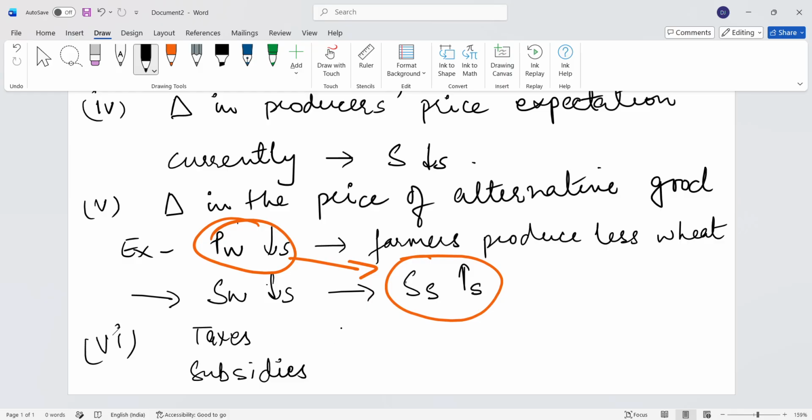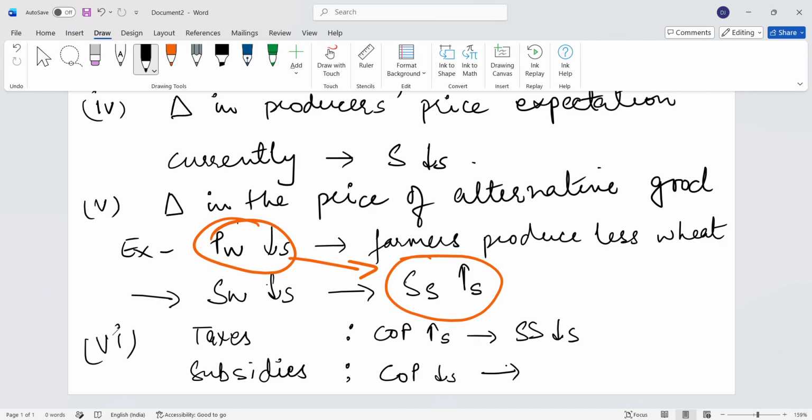Taxes basically lead to an increase in the cost of production, and subsidies basically lead to a decrease in the cost of production. So if the government imposes a tax on a product, the cost of production for the producers increases, and so the supply decreases.